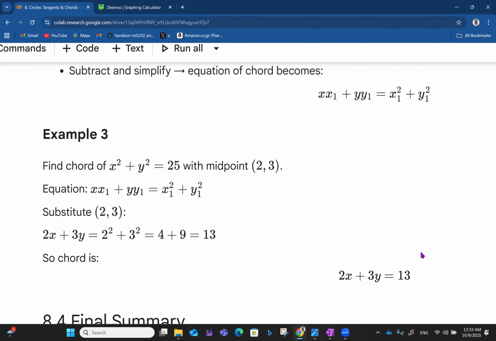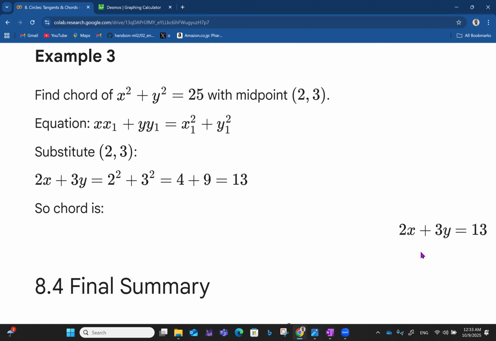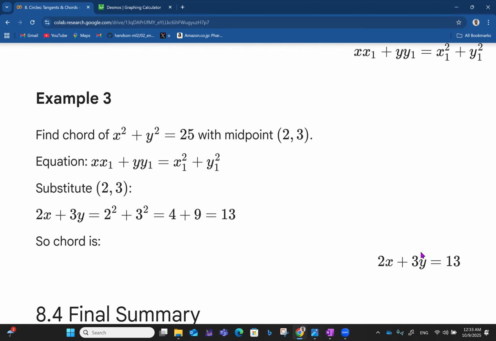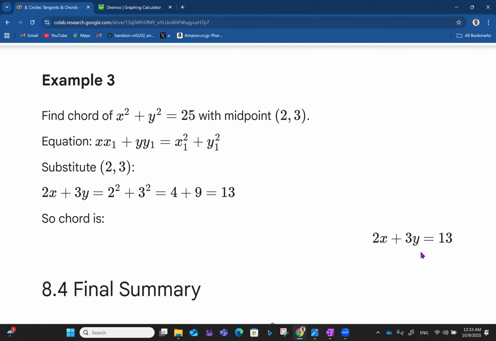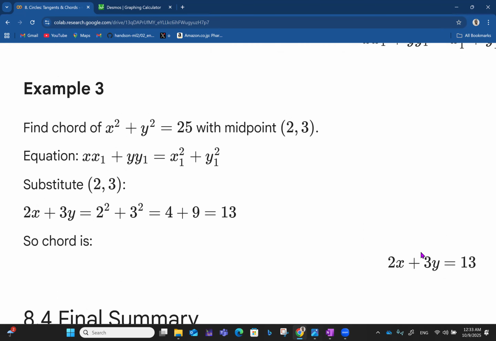So we have example 3. Find the chord of x squared plus y squared equals 25 with midpoint 2, comma 3.